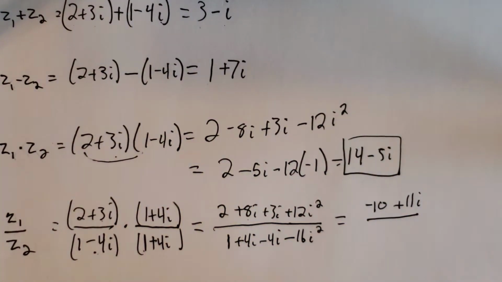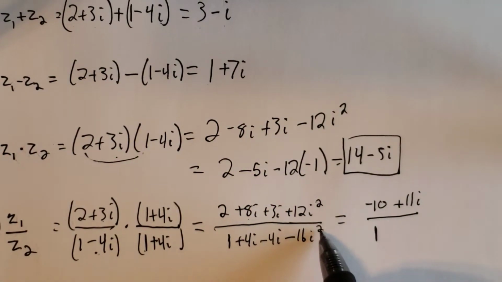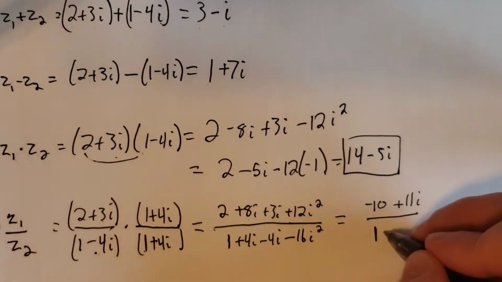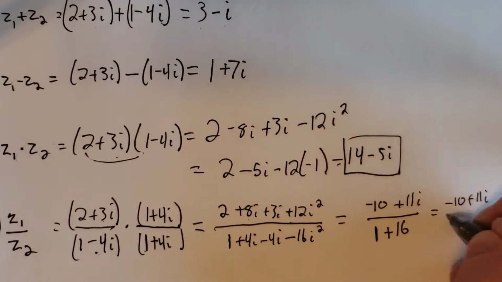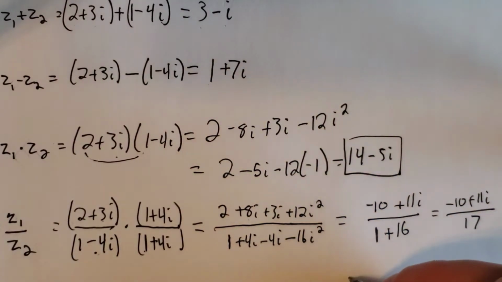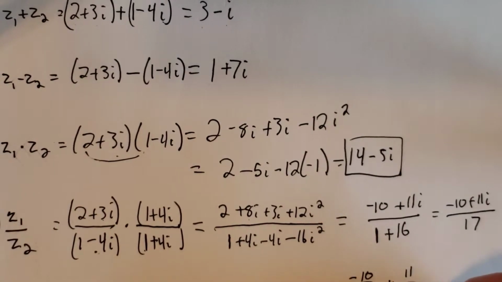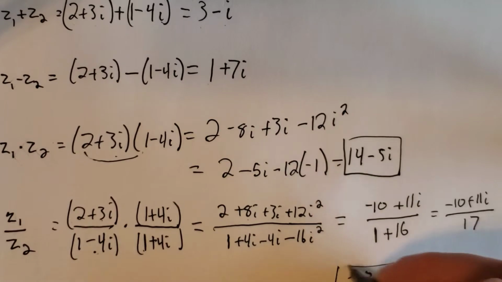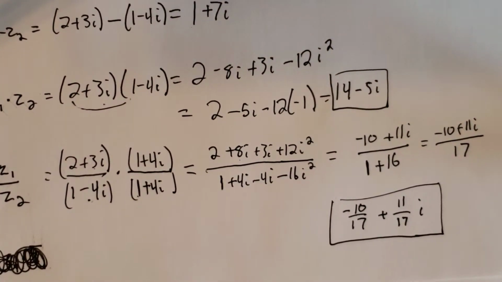All divided by 1, 4i and negative 4i cancel. i squared is negative 1, so this is a plus 16, which gives us 17. So we get negative 10 plus 11i all over 17, or we can rewrite that as negative 10 over 17 plus 11 over 17i. And that finishes our z1 divided by z2.